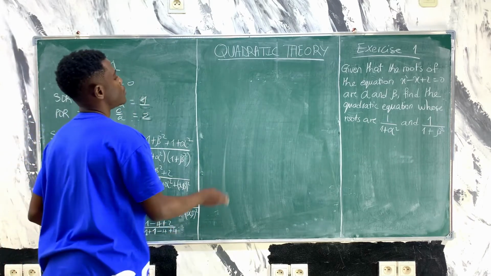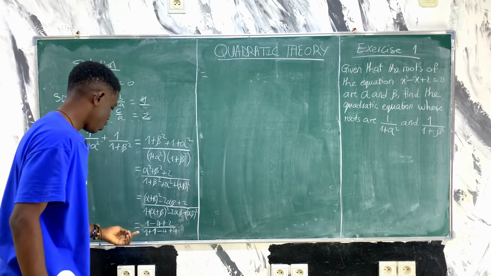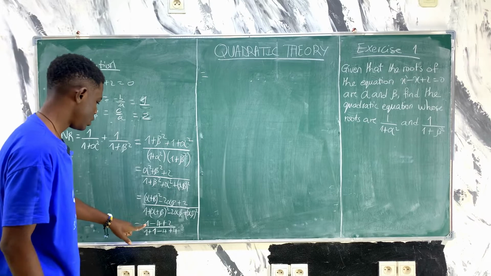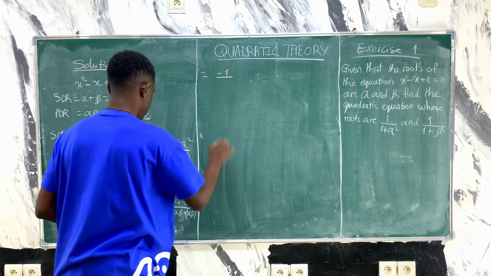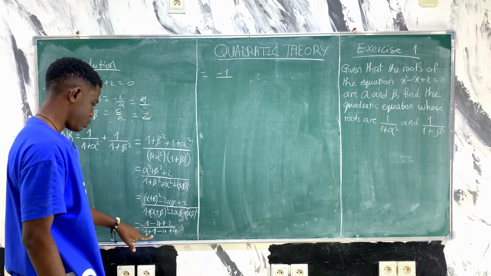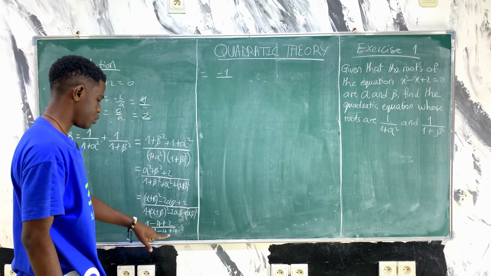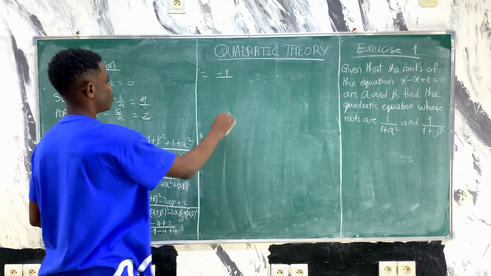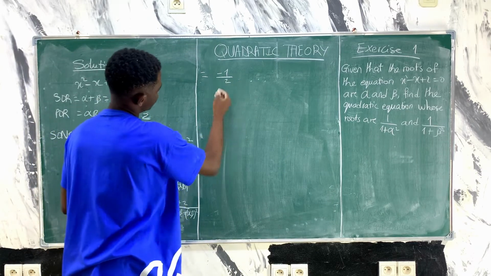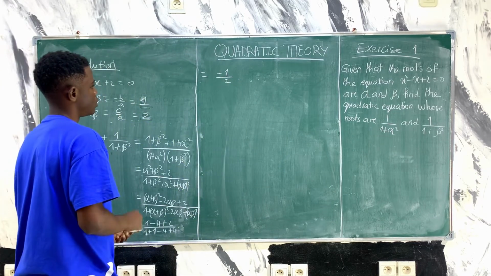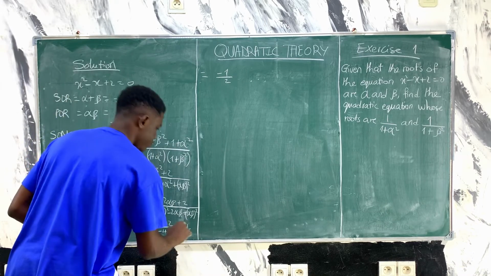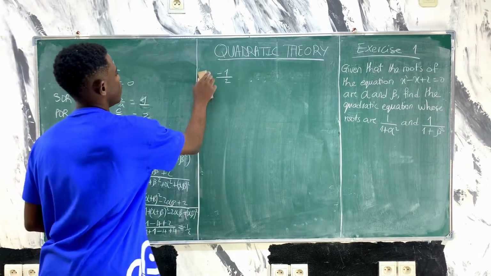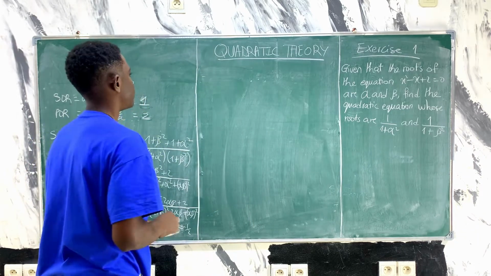All of this is going to be equal to 1 minus 4 plus 2, which is minus 1, on 1 minus 4 plus 4 is 1 plus 1, which is 2. So that's minus half.